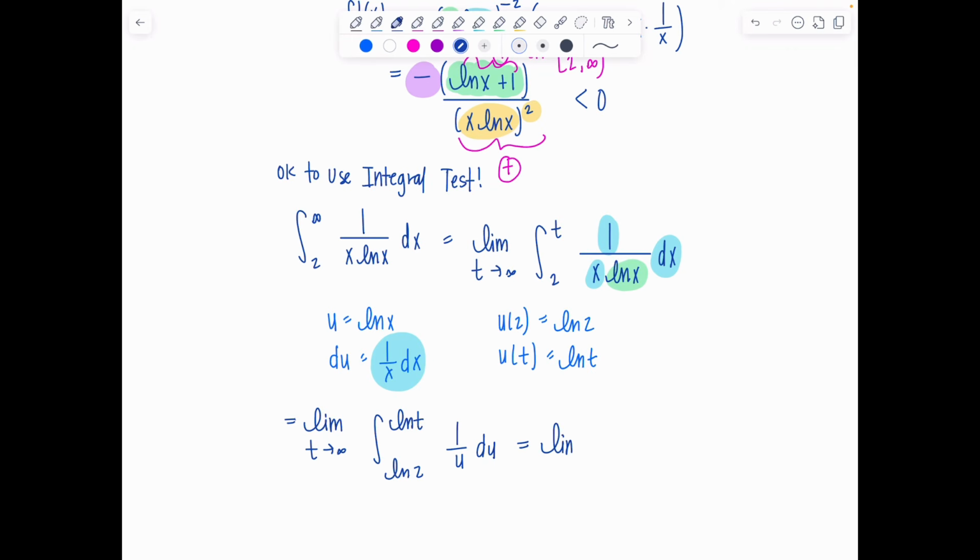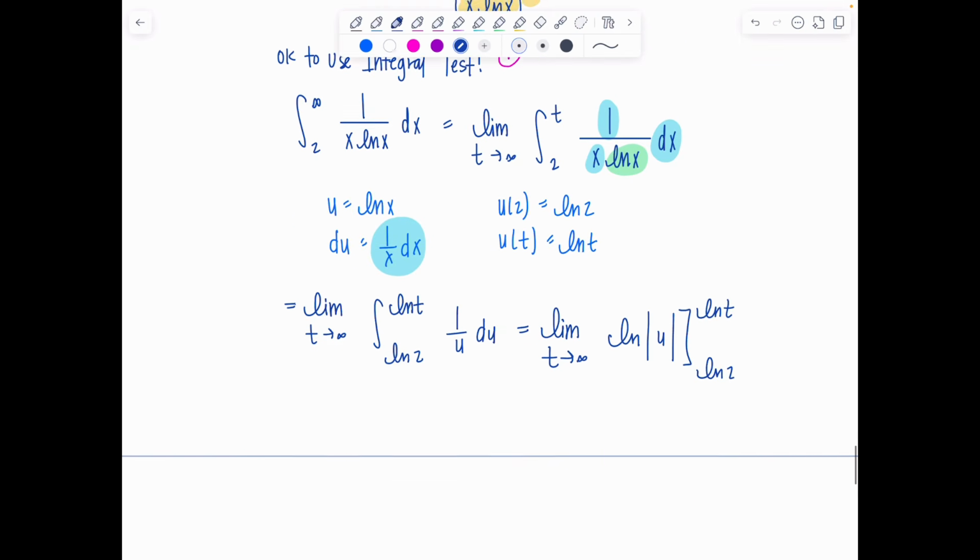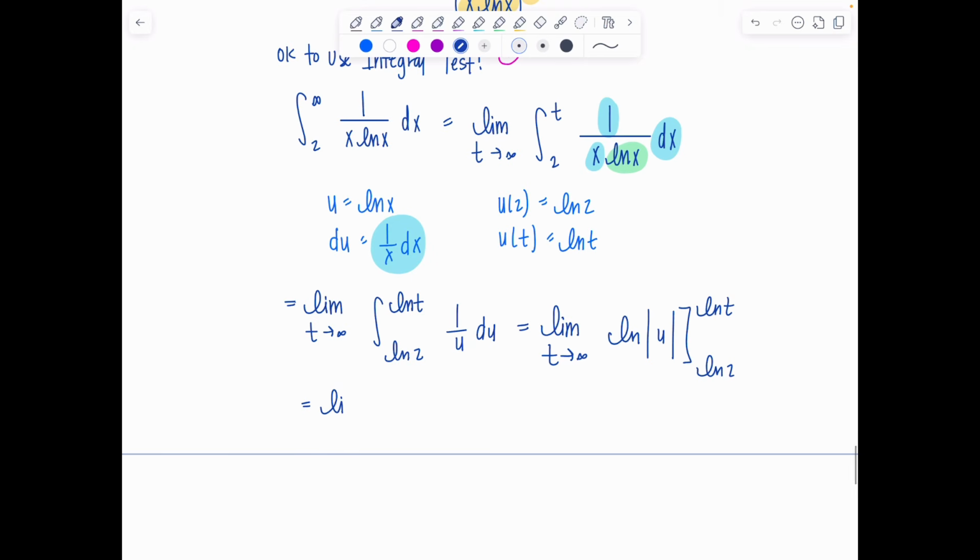Now we have limit t goes to infinity, ln absolute value of u, evaluated from ln of 2 to ln of t. And then this is going to be the limit t approaches infinity, ln of the absolute value of ln of t minus ln of the absolute value of ln of 2. It's positive already, don't worry.